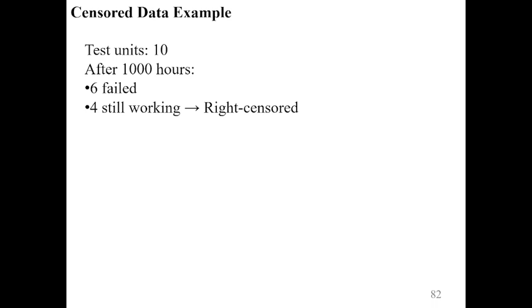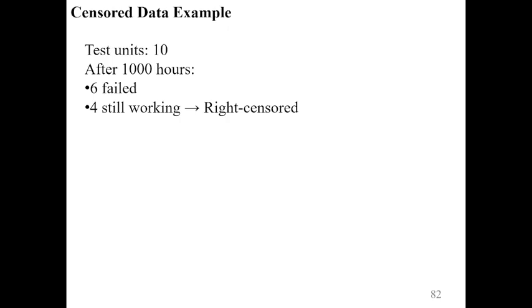This slide explains the concept of censored data, which is very common in reliability analysis, as I told you. In this example, out of 10 tested units, 6 have failed by the end of the test, but 4 units are still operating. These remaining units are considered right censored because their exact failure times are unknown.